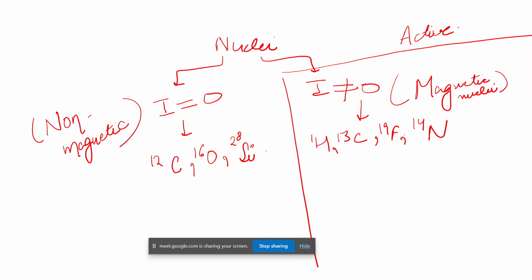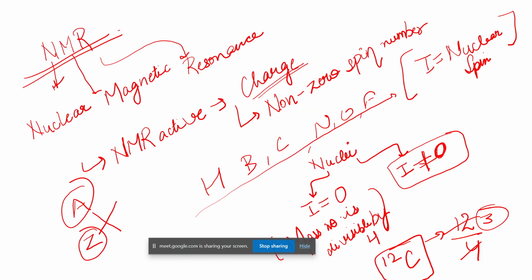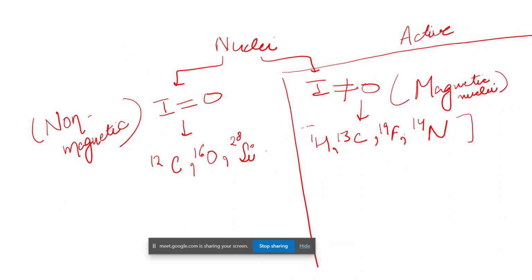Here you can further divide the magnetic nuclei into two parts: those that have nuclear spin half, or those that have nuclear spin greater than half.